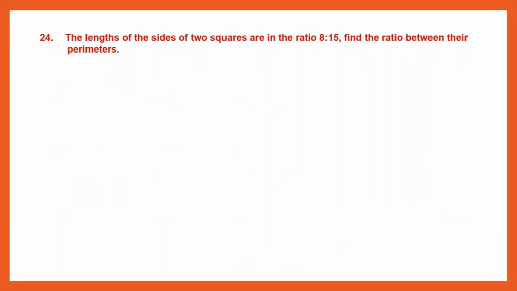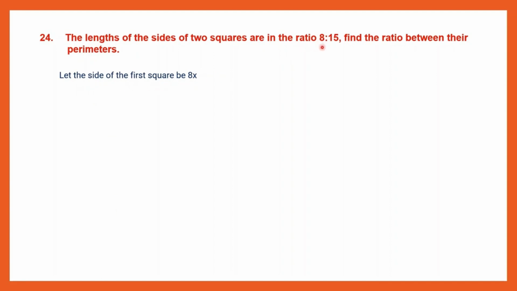Question 24. The lengths of the sides of two squares are in the ratio 8:15. Find the ratio between their perimeters this time. So let the side of the first square be 8x because that's the first number in the ratio.